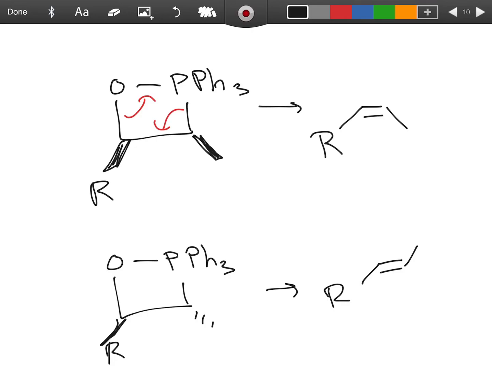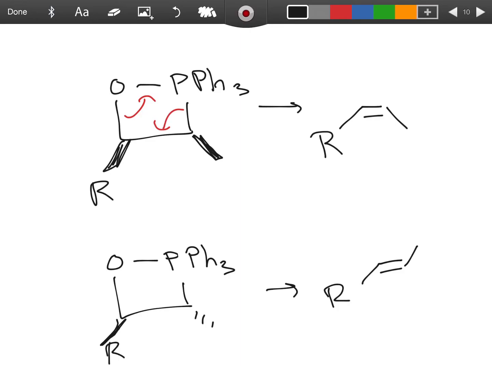Zoom? Okay, Zoom doesn't remember either. Concerted means all your bonds are made and broken at the same time. Pericyclic means all your electrons are moving in a circle. So all my electrons are moving in a circle, and all my bonds are being made and broken at the same time.